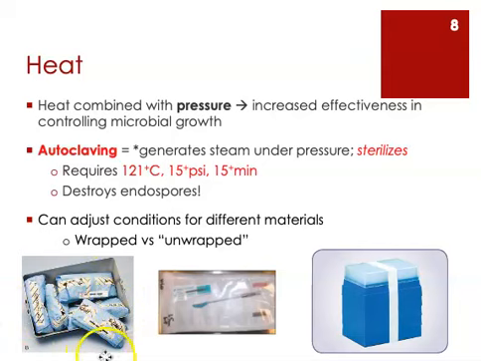All of those things are packaged up in this blue material and then autoclaved. So when this package comes out of the autoclave, everything inside that blue wrapping remains sterile until that package is opened.